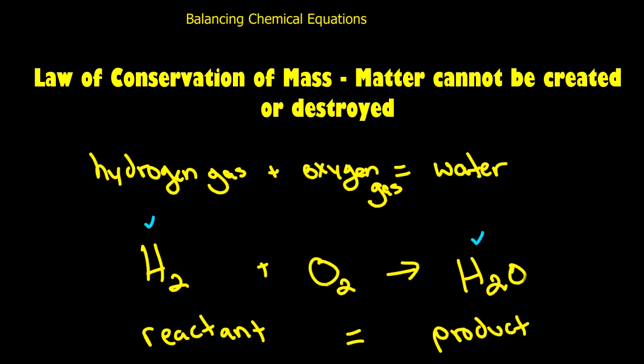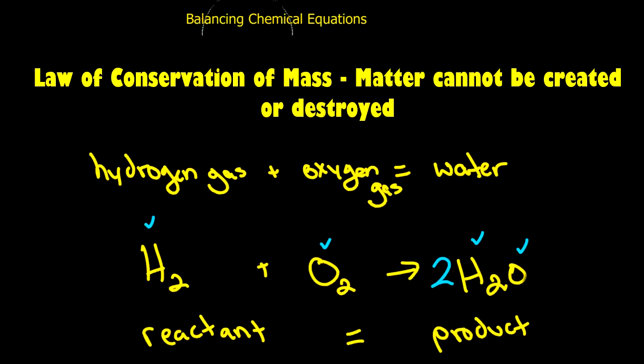So we got to fix this oxygen. It has two oxygen atoms. The product side only has one oxygen atom, so we got to fix that. So I take that water molecule and I multiply it by 2. That gives me 2 oxygen atoms on the product side, and I got 2 oxygen atoms on the reactant side. So now my oxygen's good.